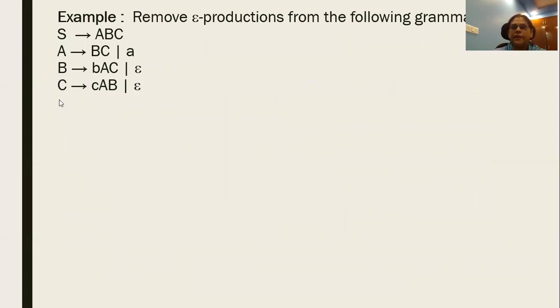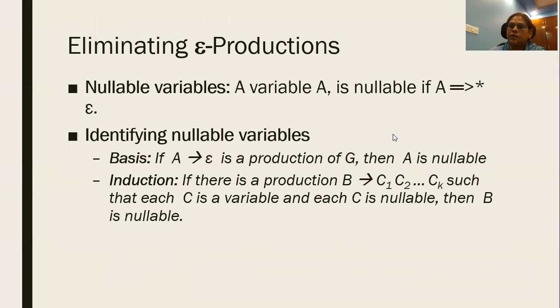If we simply delete these two productions, in this particular grammar, we will not be able to derive any string. So this is a two-step process. First we need to identify nullable variables, and then we need to use this information regarding nullable variables to modify the grammar in some way such that it does not contain any epsilon productions.